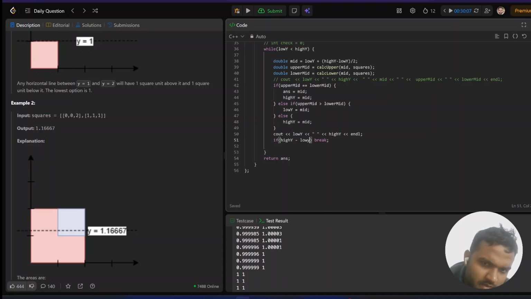High minus low is less than 0.0000001, then break it.